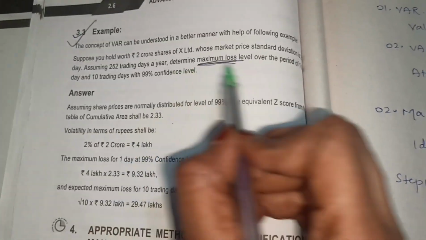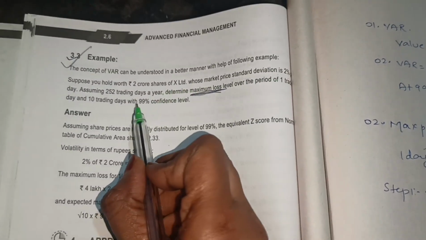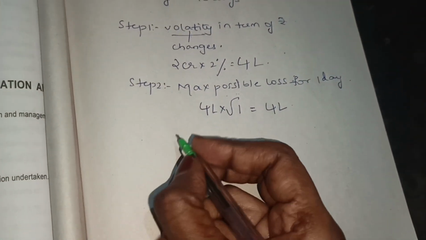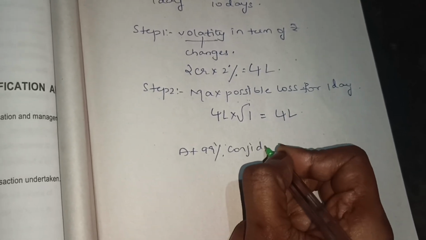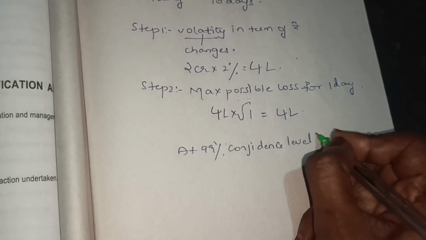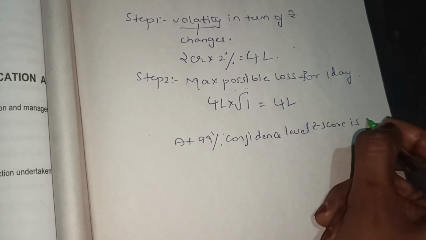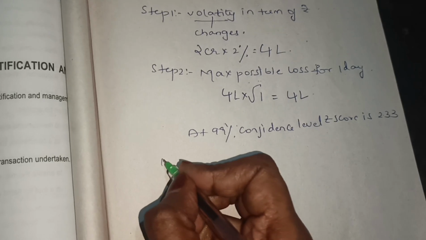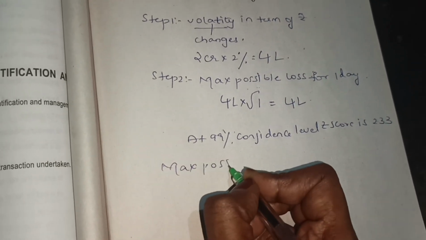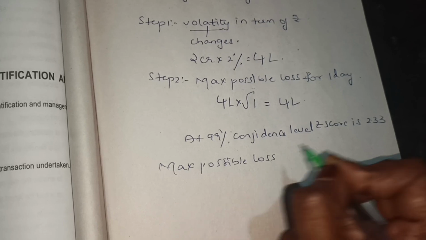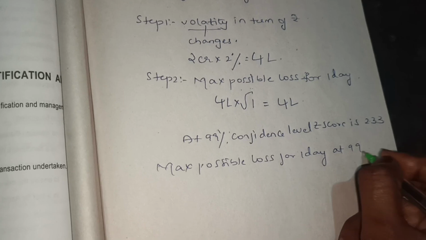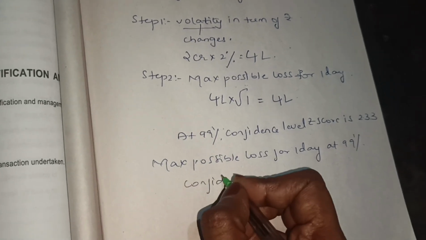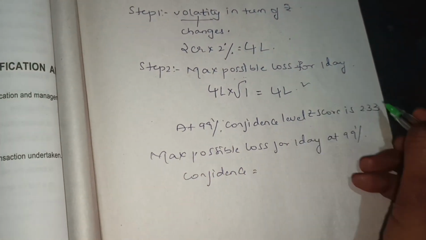Here in the question, they are asking us to find maximum possible loss for 1 day at 99% confidence level. As I already mentioned, at 99% confidence level, Z score is 2.33. So maximum possible loss for 1 day at 99% confidence will be, you just have to combine this as well as this.